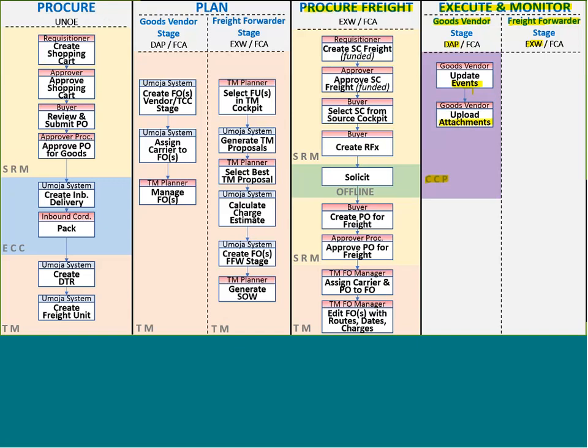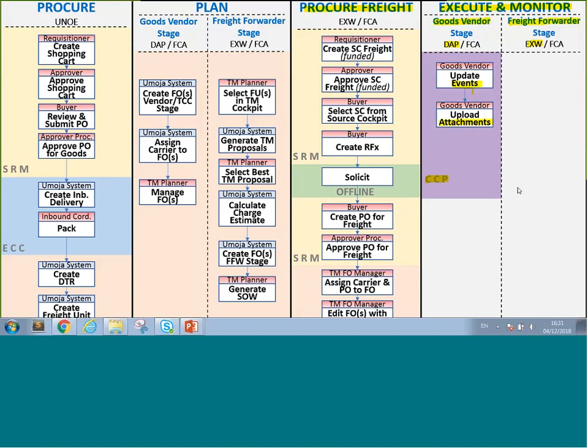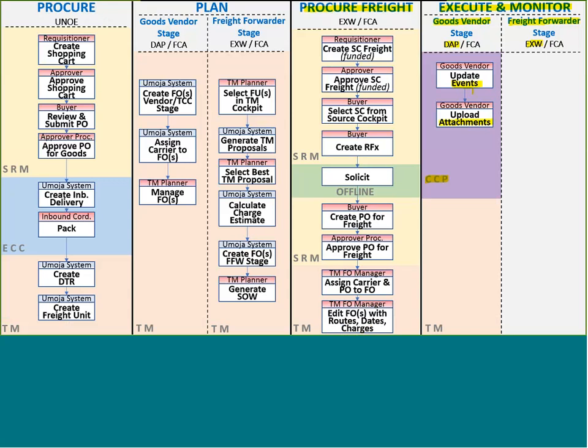So the carrier collaboration portal is available for external vendors. In this case, we are talking about manufacturers or goods vendors, and the same events and attachments can be reported from TM.